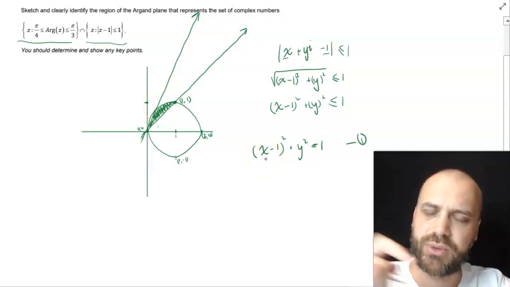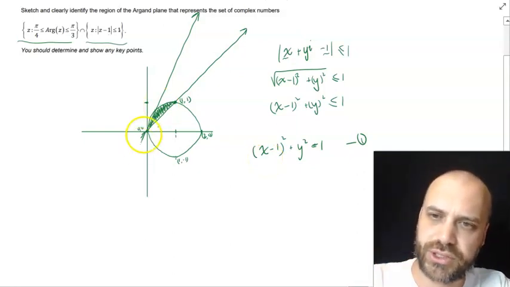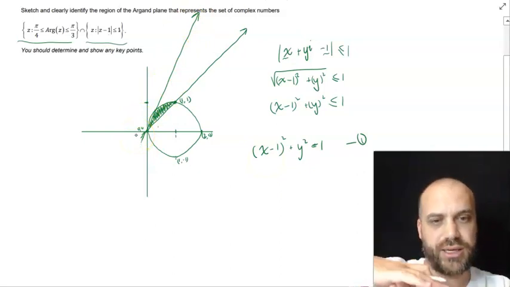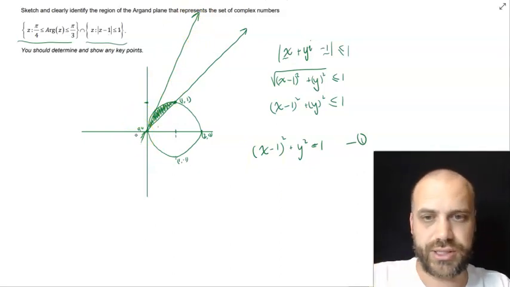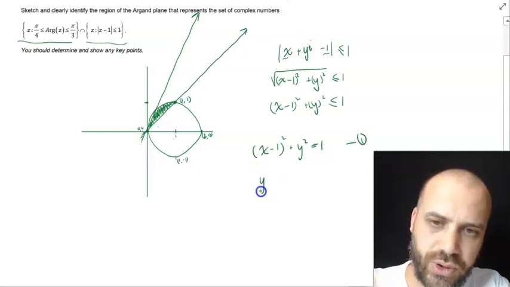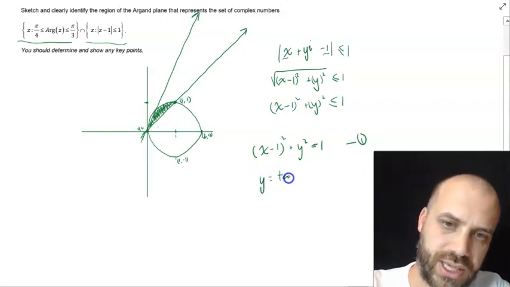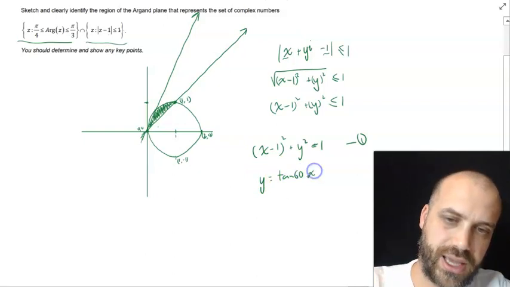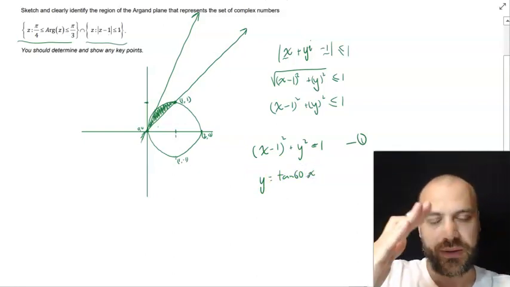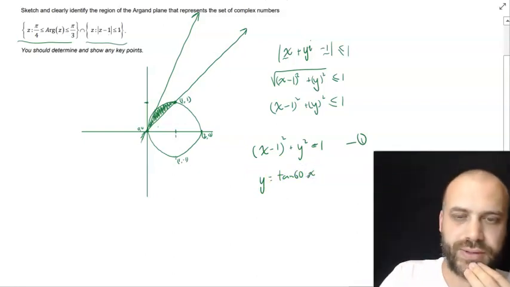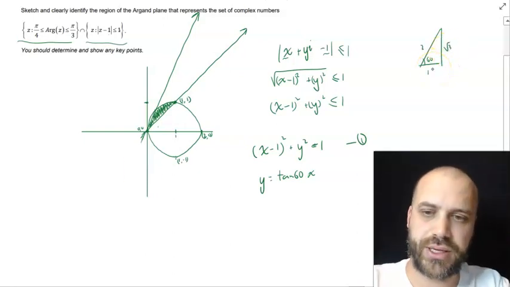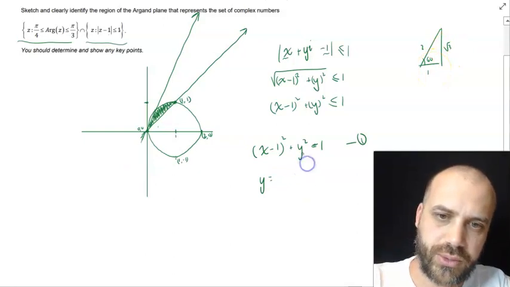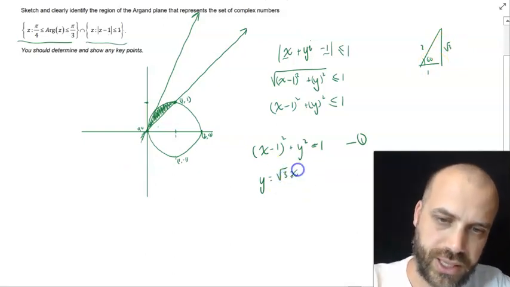And the other equation is a straight line that's making an angle with the x-axis of 60 degrees. So that's going to be y = tan 60 x, right? That's the gradient of that line. And tan 60 is just root 3 over 1, root 3. So we have y = √3 x.